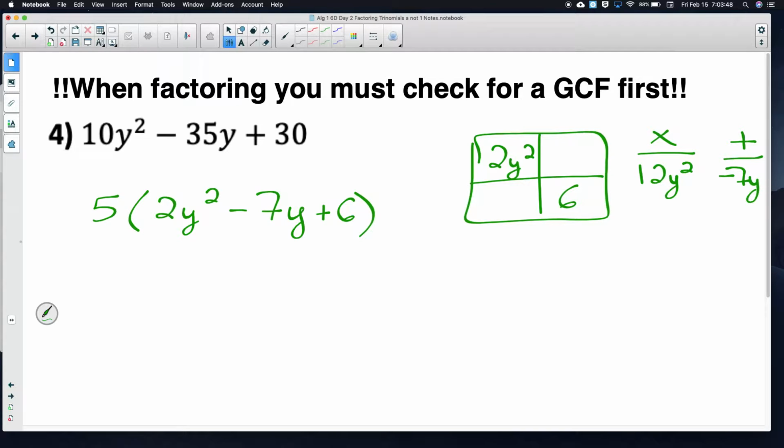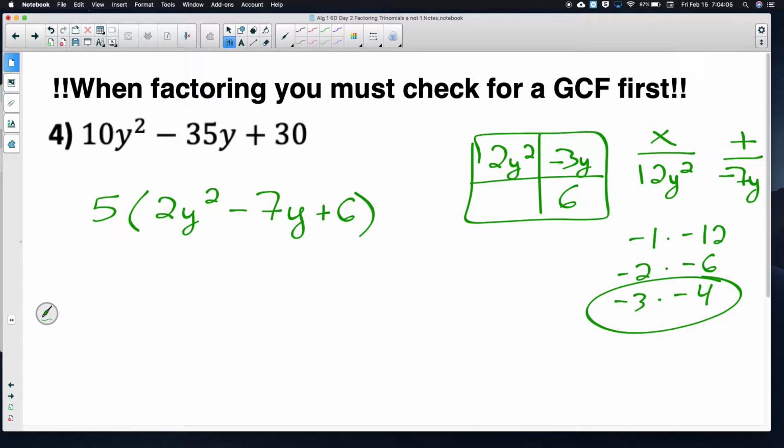And so those two numbers are going to be, we can list them out. I got negative 1 times negative 2, negative 2 times negative 6, negative 3 times negative 4. Negative 3 and negative 4 add to give me negative 7. So now I need to factor out the GCFs on the rows and the columns.